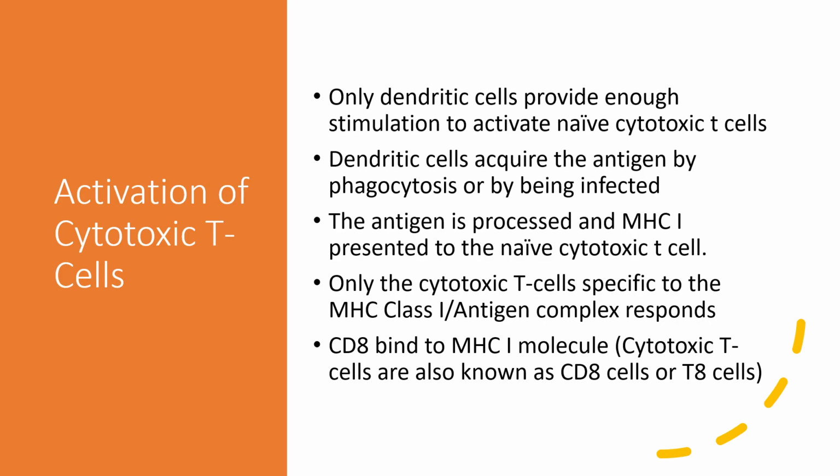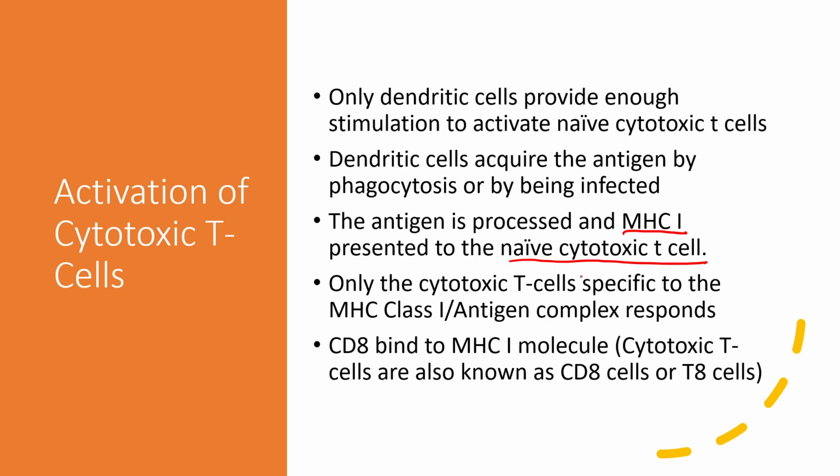In activation of cytotoxic T cells, only dendritic cells can provide enough stimulation to activate naive cytotoxic T cells. Dendritic cells acquire the antigen either by phagocytosis or by being infected. The antigen is processed and MHC1 is presented to the naive cytotoxic T cell.